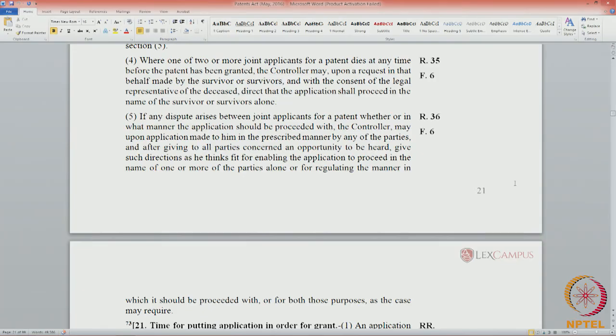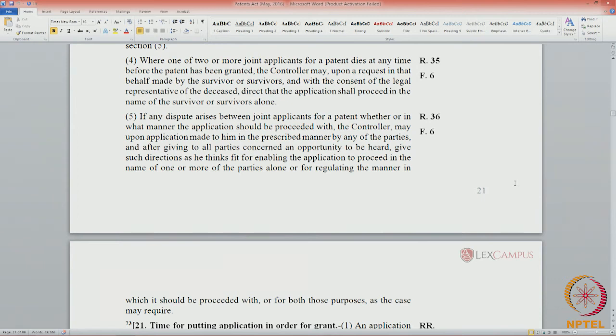There is an assignment, all the parties are parties to the assignment, there is no issue. But when one person refuses to give consent for bringing in another applicant, which means there is a dispute between the joint applicants, then what should be the recourse to the controller?